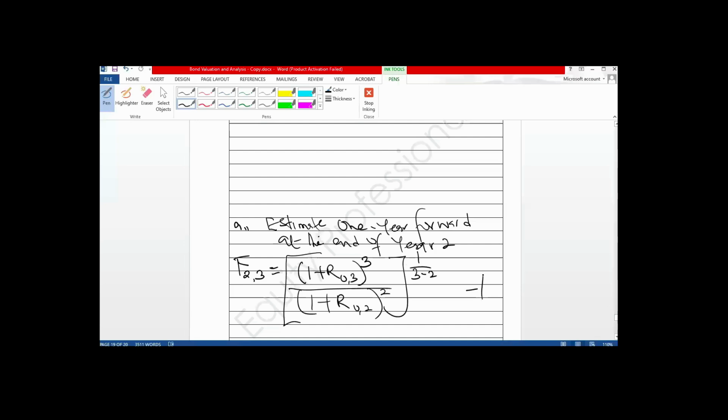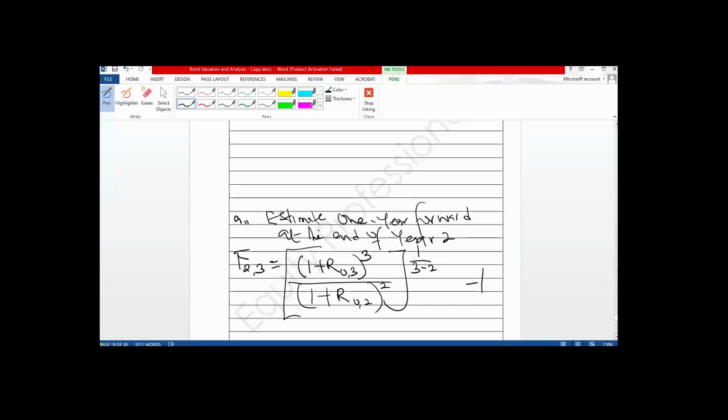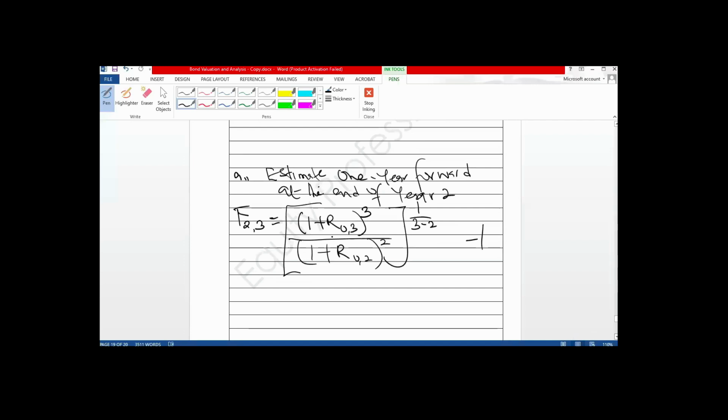That means I need to get RO2, spot rate for year 2, and RO3, spot rate for year 3.